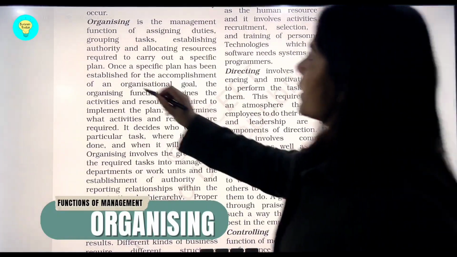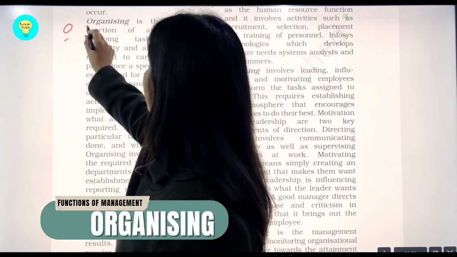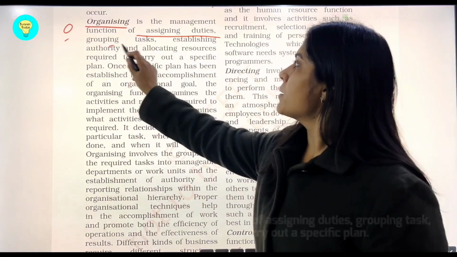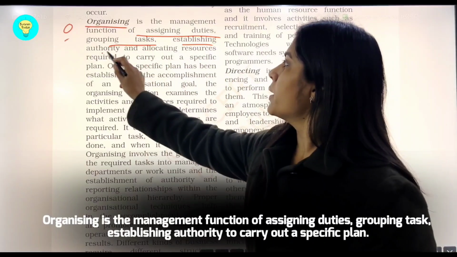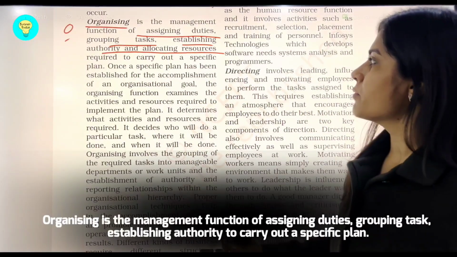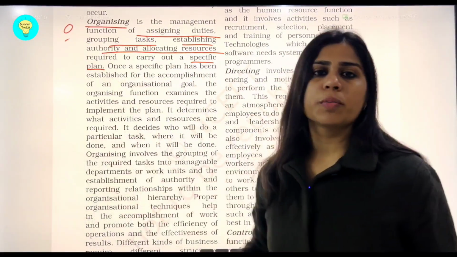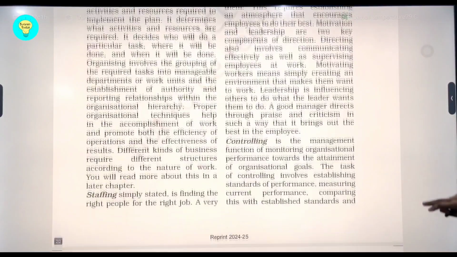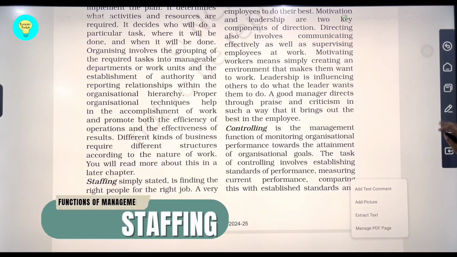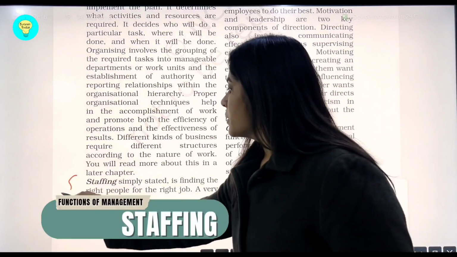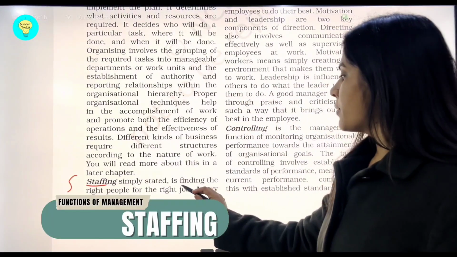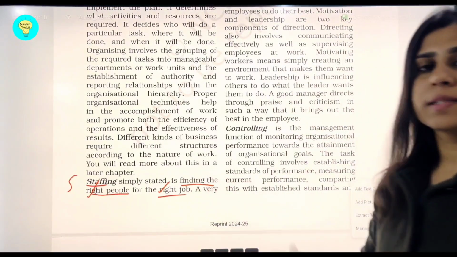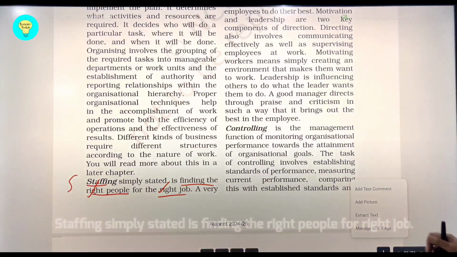So if we see organizing, O, this is a function of assigning duties, grouping tasks, establishing authority and allocating resources for a specific plan to be carried out in the organization. Similarly, staffing, S, it is simply stating that finding the right people for the right job at the right time is staffing.